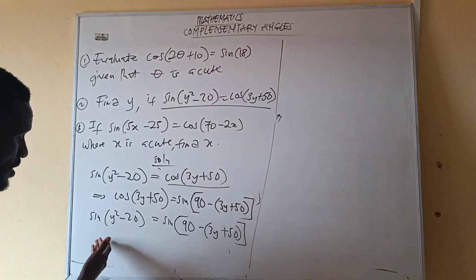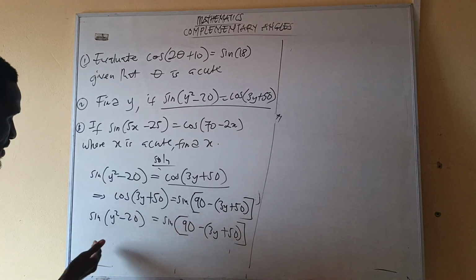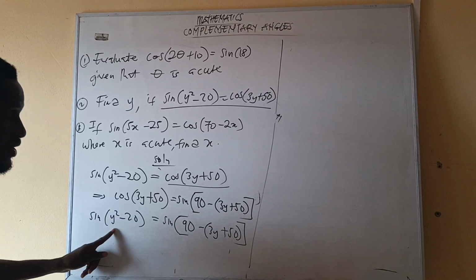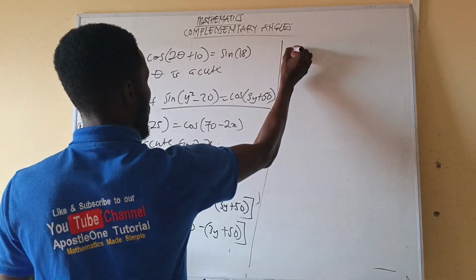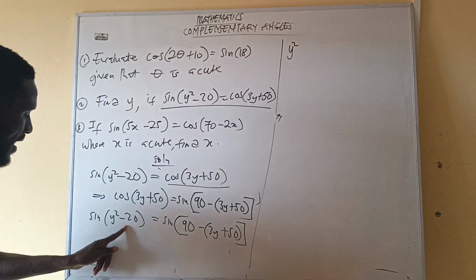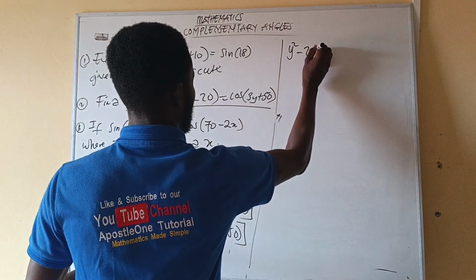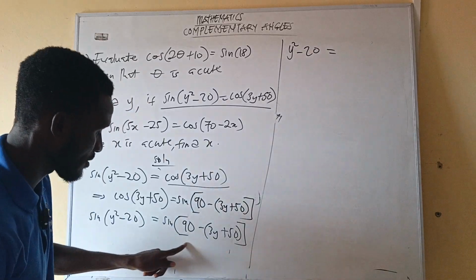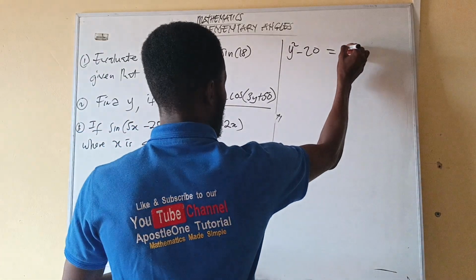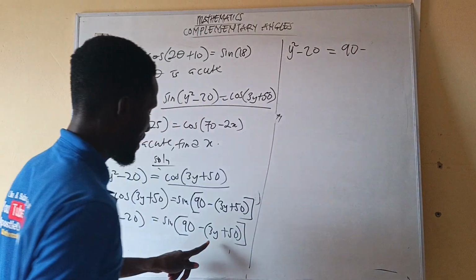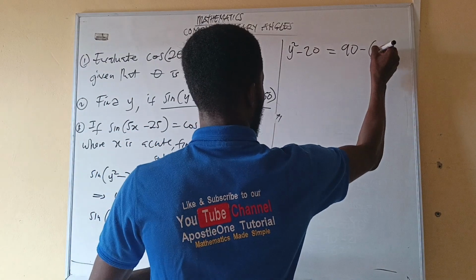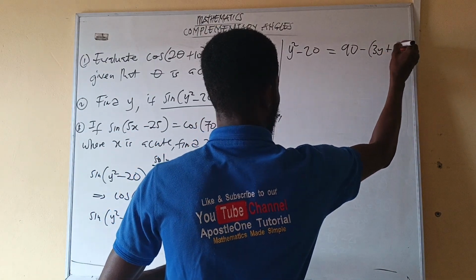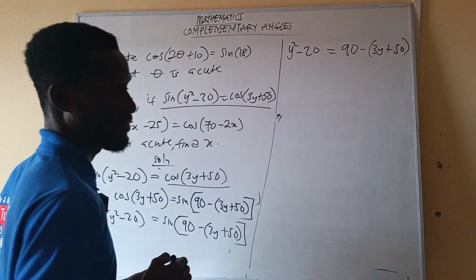Now, at this point, when you take the sine inverse, the sine and sine will cancel. We are going to get only the angles. We're going to get y squared minus 20 equal to the angle here, which is 90 minus, in brackets, 3y plus 50. You understand?